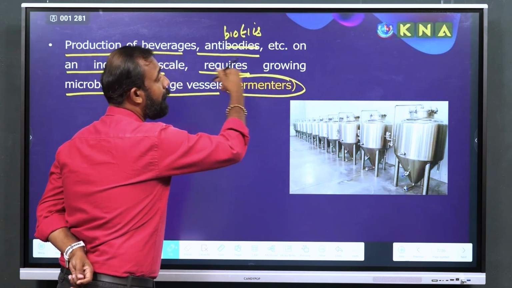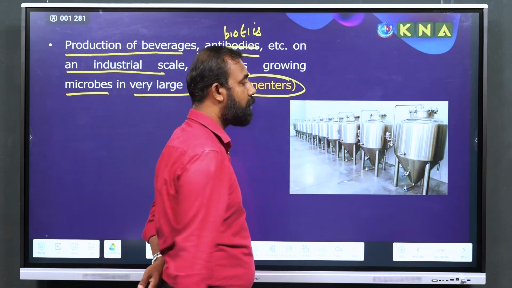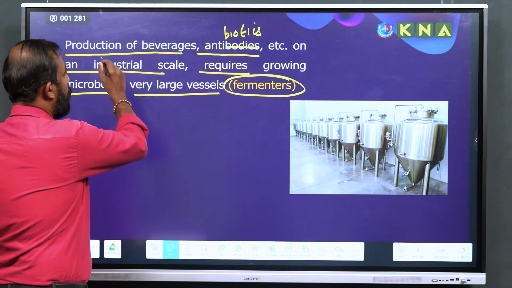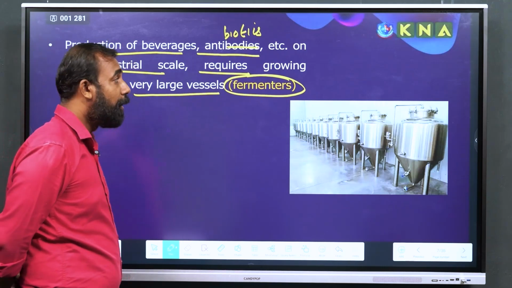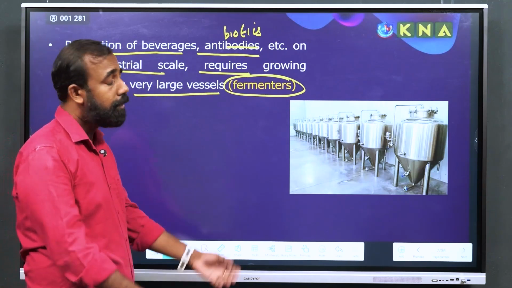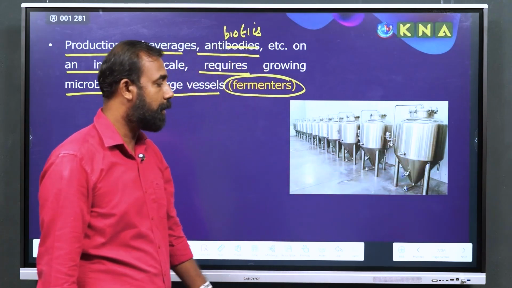These vessels are called fermenters. For the production of beverages, antibiotics, and organic acids on a large scale, we need large vessels, and these large vessels are called fermenters.